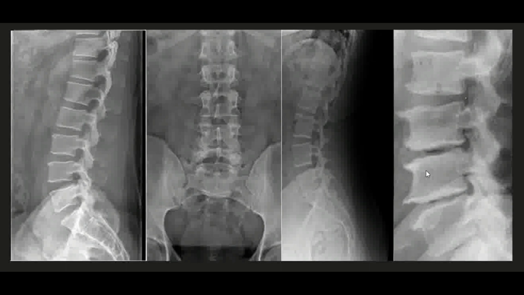Most significantly, however, we can see that the holes for the nerves are very tight, and there is significant bone spurring, big bird's beaks here in the front of the spine. And again, these bone spurs are growing in response to the excessive movement that's occurring because this disc is not doing a good job.